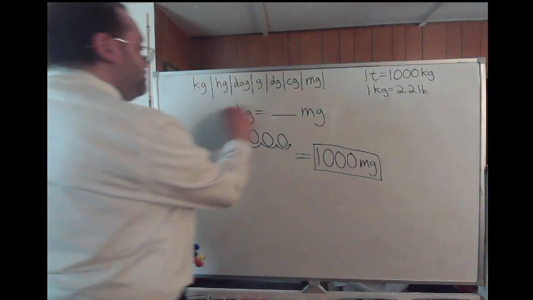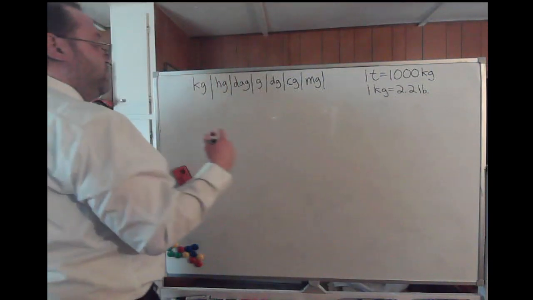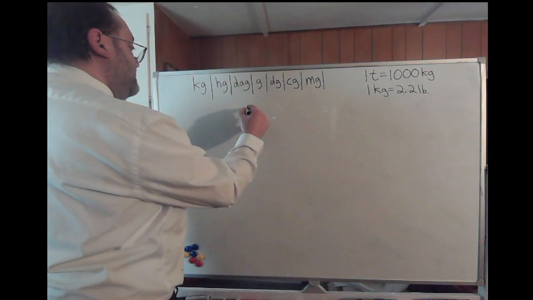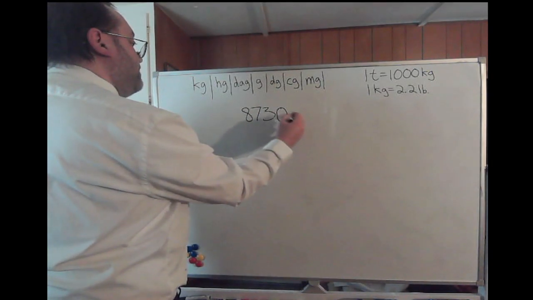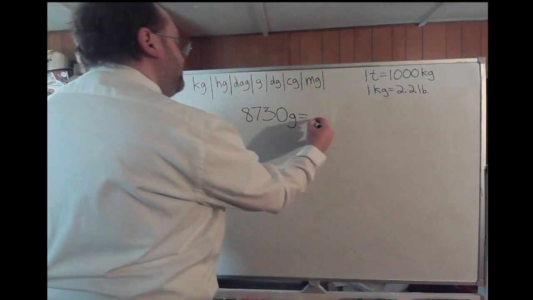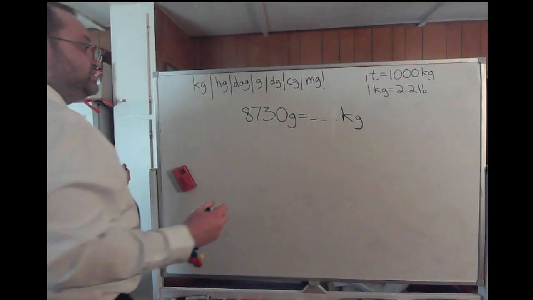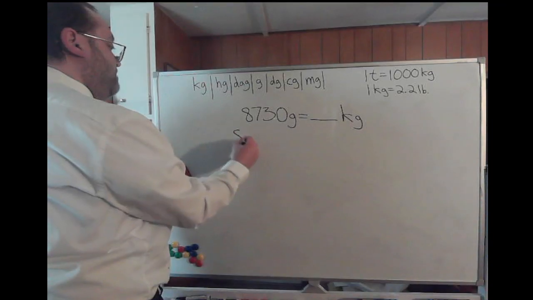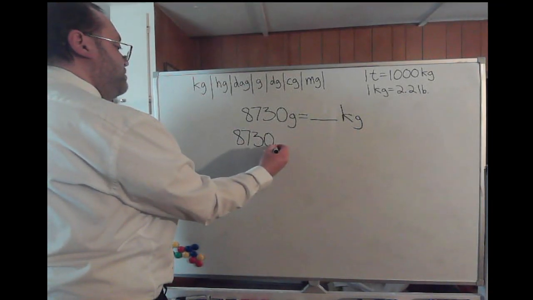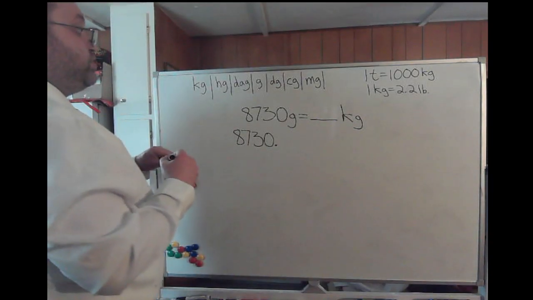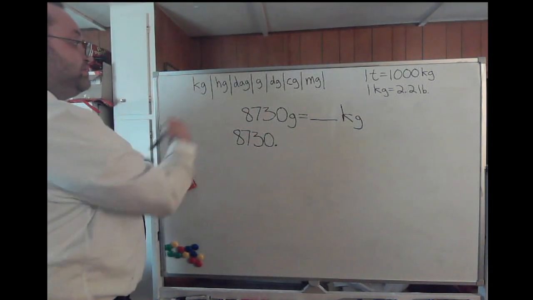And I suppose we should do one where we go backwards. Let's say we have 8,730 grams. We want to find out how many kilograms is 8,730 grams. So start out with your 8,730, put the decimal point after the 0. Since you're going to go from grams to kilograms, you got to go 3 decimal places to the left.